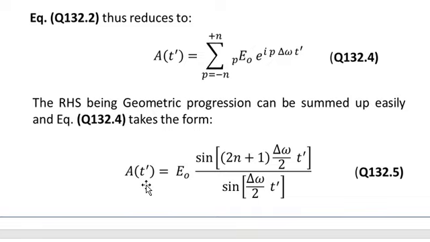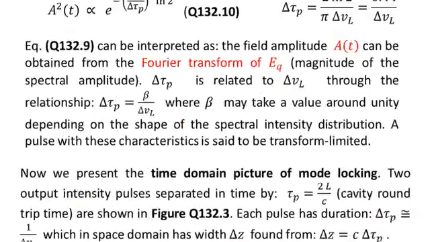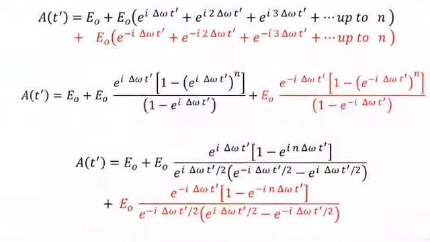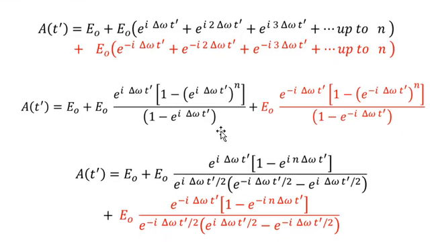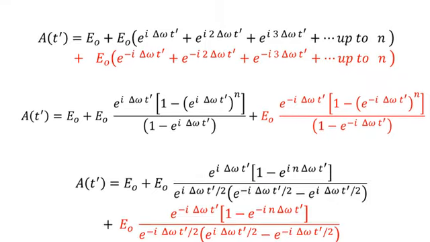So A as a function of time t prime is equal to E naught into sine of (2n plus 1) times delta omega by 2 into t prime, divided by sine of delta omega by 2 into t prime. So we can obtain from this to this one. And this has also been discussed in the appendix. Let me show you this in the appendix. So in appendix 1, we have again this term. And you know that here I have expanded this one.